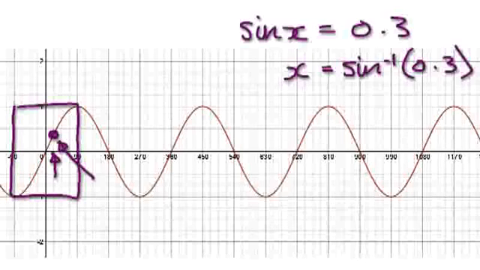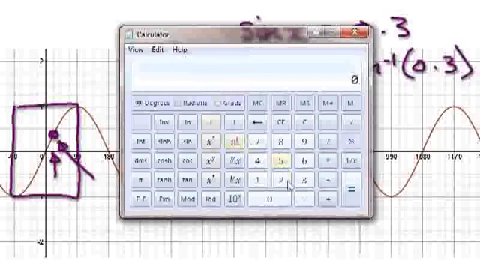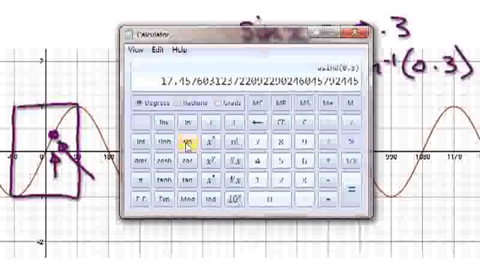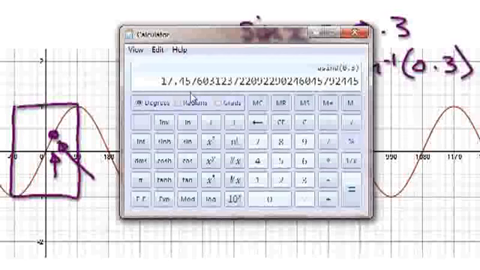Jump to your calculator, punch in 0.3, and then inverse sine. It gives me a solution of 17 point, let's round it off to 17.5.